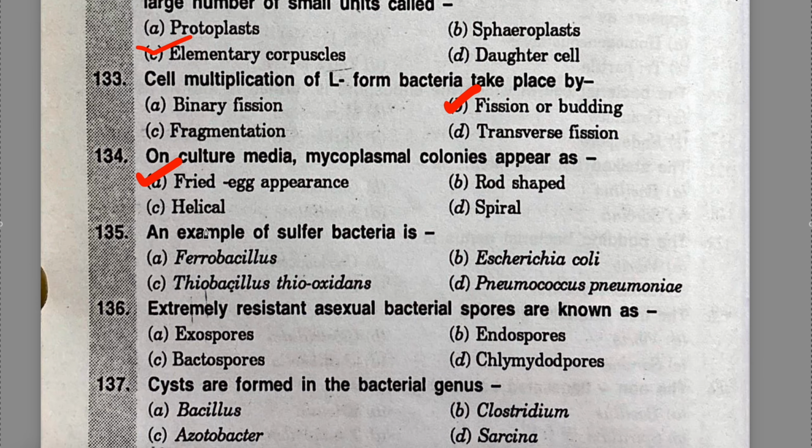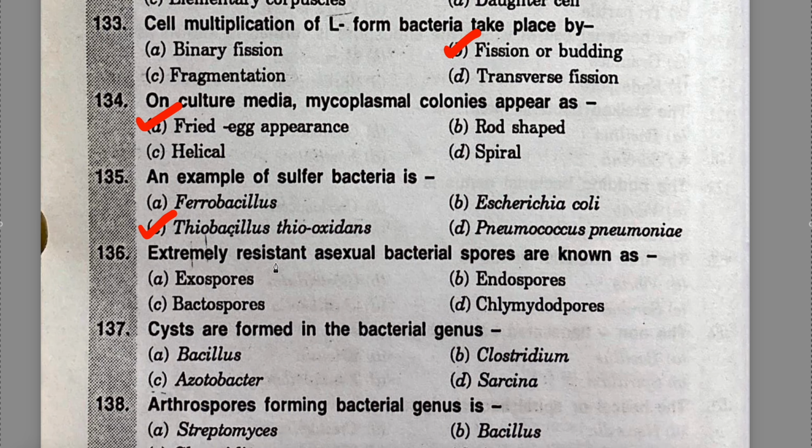That's why. 135. An example of sulfur bacteria is Ferrobacillus, E. coli, Thiobacillus or Pneumococcus. Answer is Thiobacillus. 136. Extremely resistant asexual bacterial spores are known as exospore, endospore, bactospores or chlamydospores.